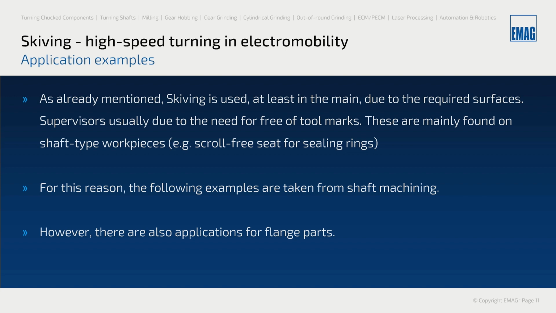For this reason, the following examples are taken from shaft machining. But also in the following examples, you will see it makes sense in some cases to use the skiving process also for flange parts.